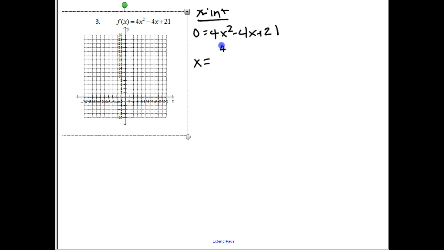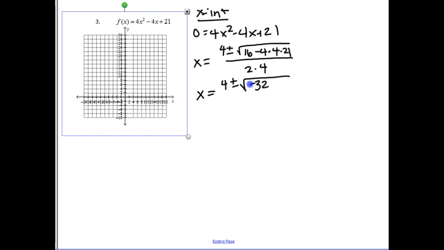So x equals the opposite of b plus or minus square root of b squared minus 4 times a times c, whole thing over 2 times a. So we end up with 4 plus or minus the square root of 16 minus 4 times 4 times 21, and that's going to be negative 320 over 8.